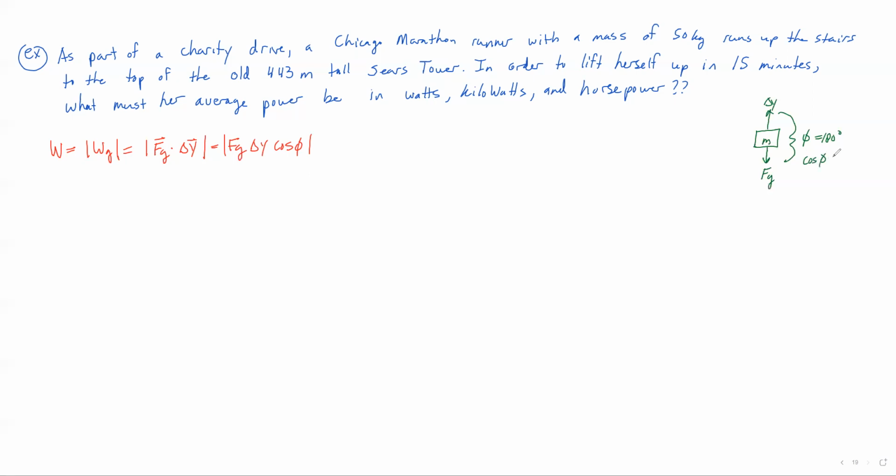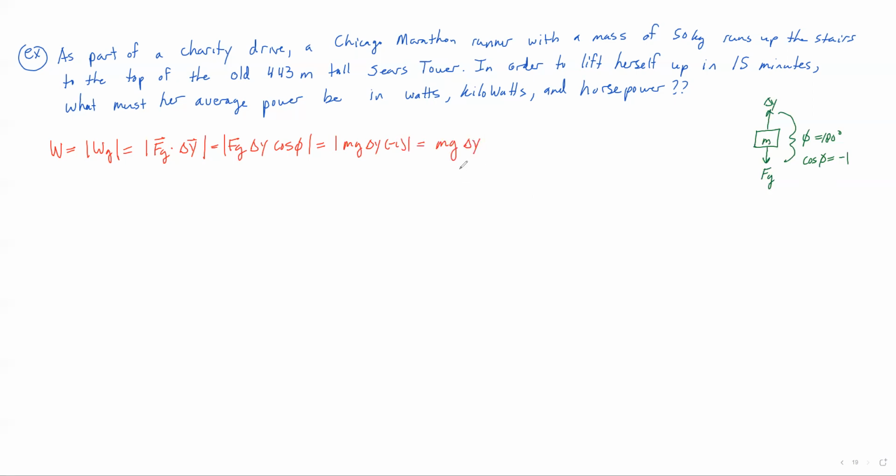So the cosine of phi is going to be -1. But again, I'm dealing with power, and I'm dealing with hers, not what's going on with gravity. She's going opposite gravity. So it's basically going to be mg delta y times -1, but that's just mg delta y.